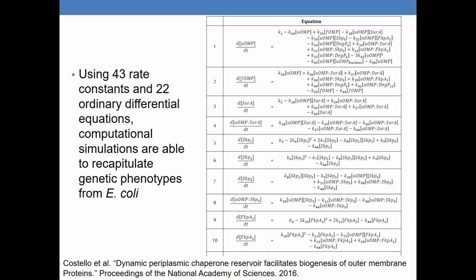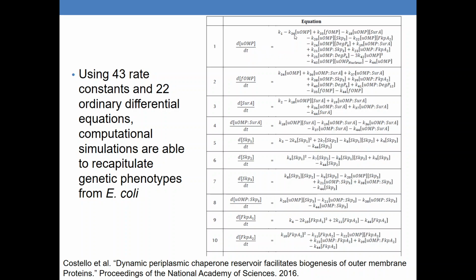So what they did was they built, using 43 rate constants, 22 ordinary differential equations. I'm showing you just 10 of them here. You'll see, for example, the rate of change of the concentration of unfolded outer membrane protein as a function of changing time.